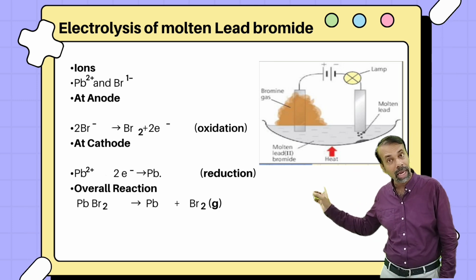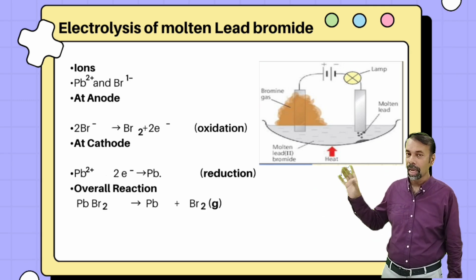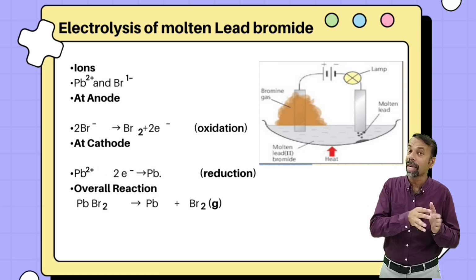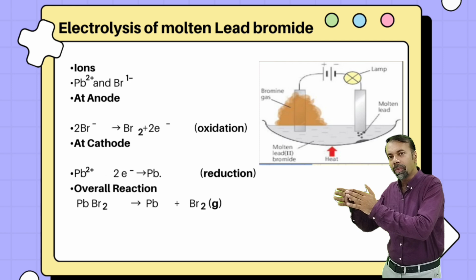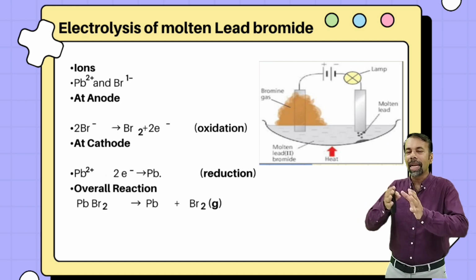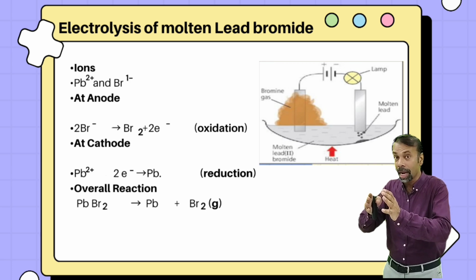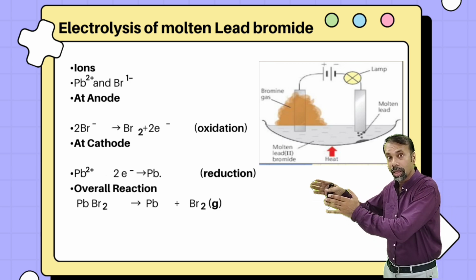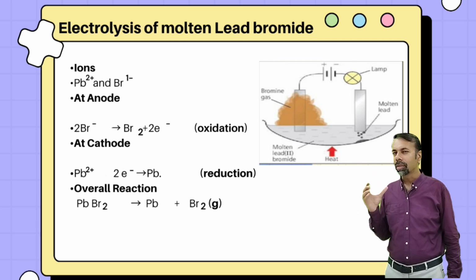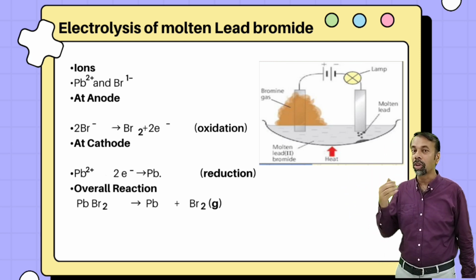Number one, lead ions, and number two, bromide ions. Lead ions are positively charged, bromide ions are negatively charged. So positively charged ions move towards the cathode, and negatively charged bromide ions move towards the anode. At the anode, oxidation takes place, meaning loss of electrons.